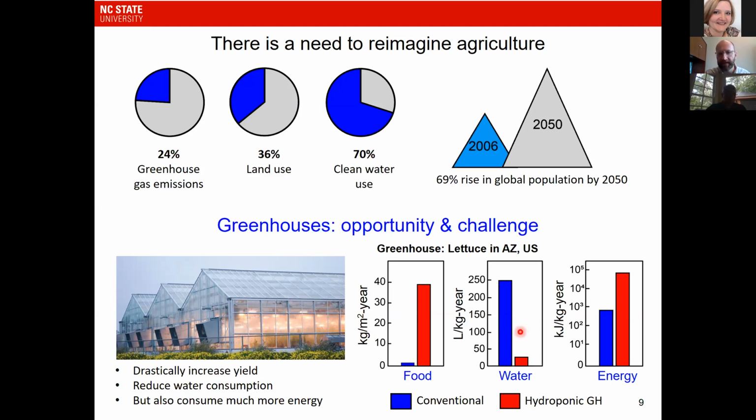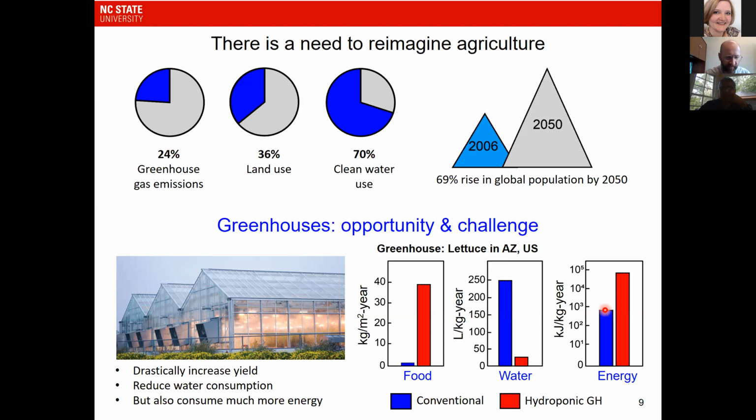There's basically an order of magnitude drop in water consumption. So you need much less land, you consume much less water, so this becomes less of a stress. There's less topsoil degradation, less runoff of fertilizer and pesticides. The problem is that they consume significantly more energy. A greenhouse uses a couple orders of magnitude more energy than conventional farming.